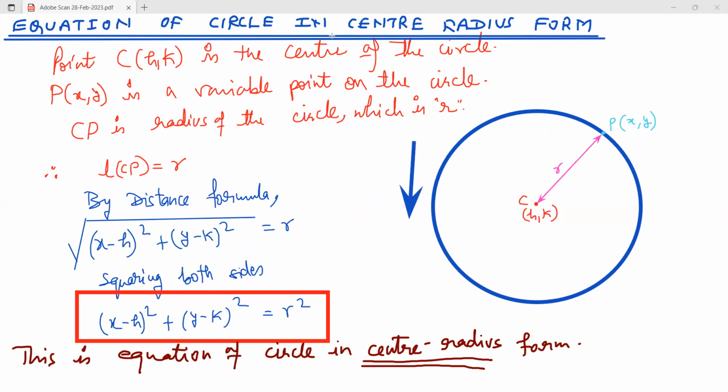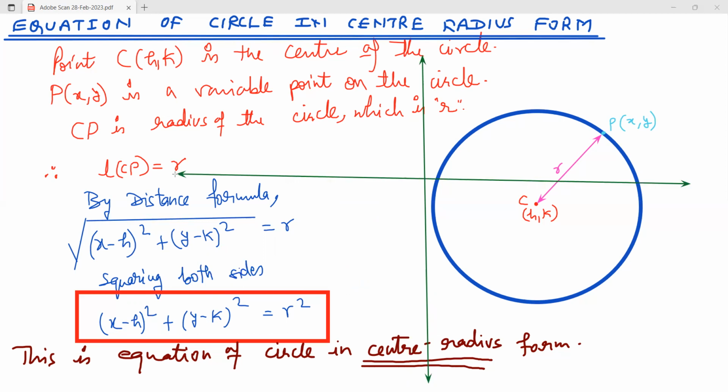And if you are asking, sir, where will the x and y axis be? You have not drawn the x and y axis. You can say, sir, you write the coordinates, but where are the x and y axis? You can draw it. See, this is say your y axis, and you have here the x axis.